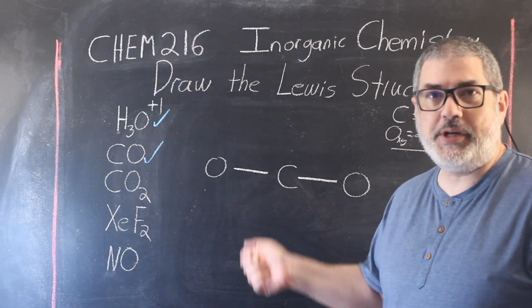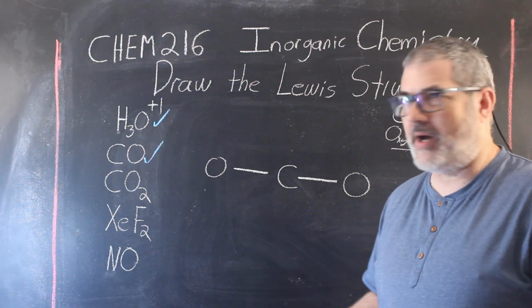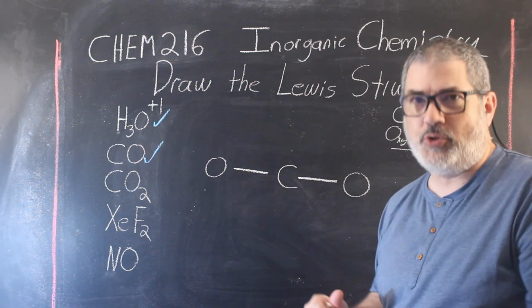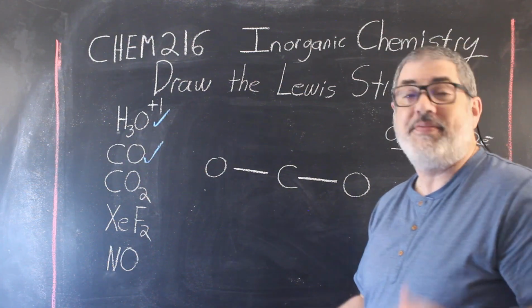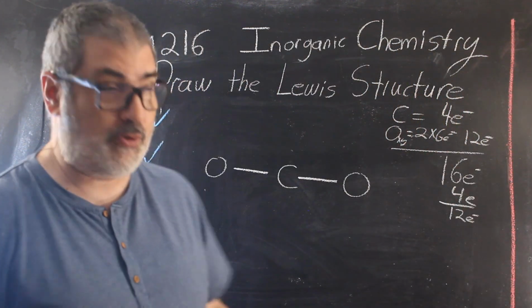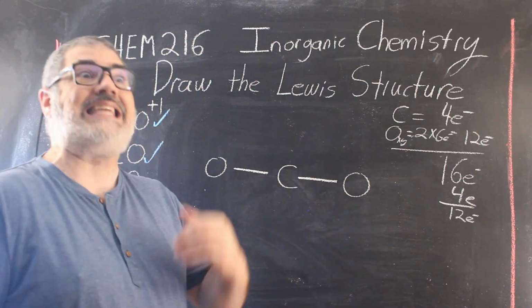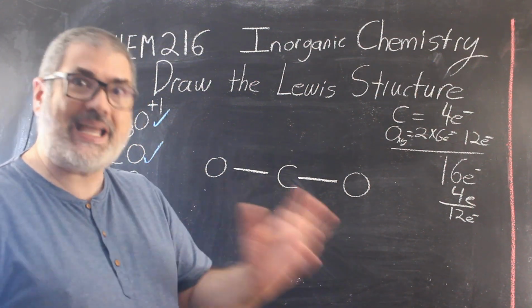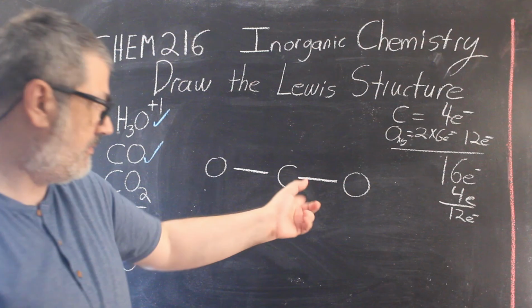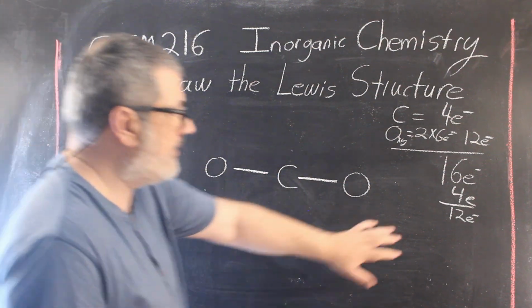In other words, once you committed a double bond or a triple bond, you'll change everything else, but you won't come back and erase those bonds. That's been my experience of grading lots of student papers. So don't put multiple bonds in until the very end, even if you kind of know you're going to need them, which in this case we definitely are.